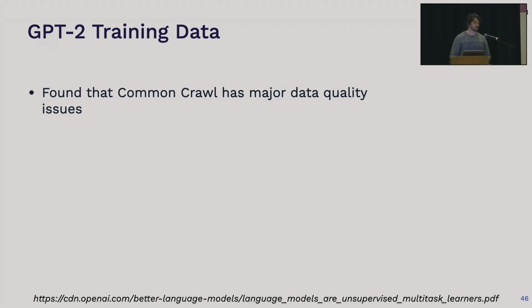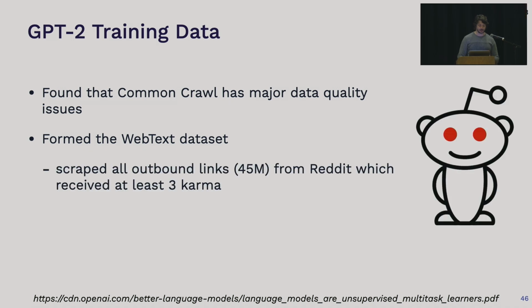If you imagine random data from the internet, some of it is really useful and high quality, like thoughtful blogs, news articles, Wikipedia articles, but most of it is pretty much garbage. It's random HTML tags, advertising, stuff that wouldn't actually help a model understand the world better. And so they formed a subset of the Common Crawl data set called WebText.